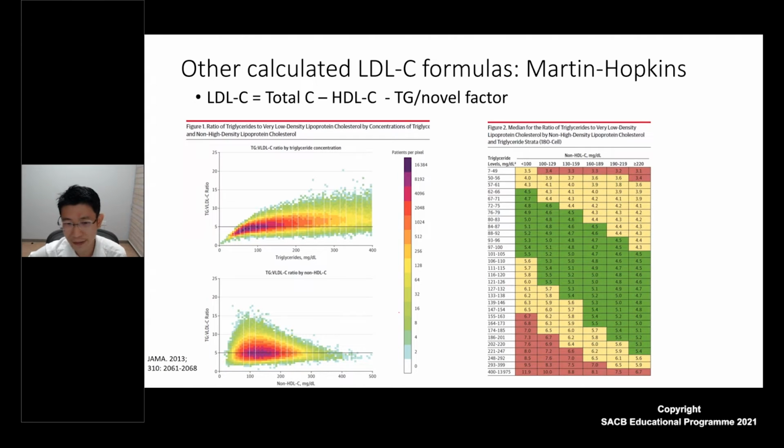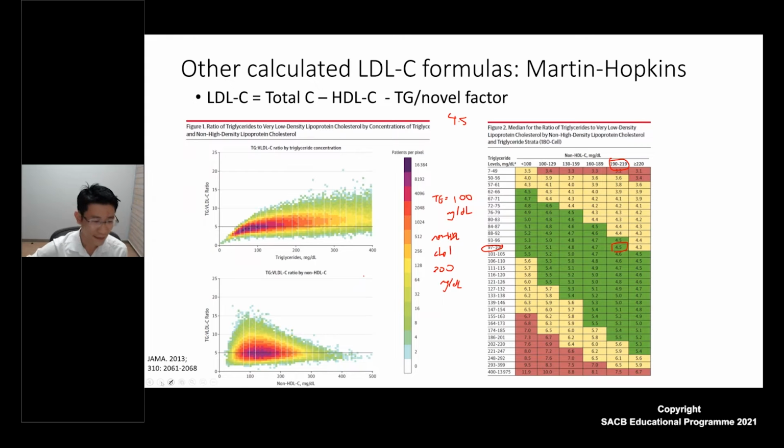Imagine we have a patient with a TG of 100 mg per deciliter, using the American unit, and a non-HDL cholesterol of 200. So we go and find our non-HDL cholesterol, and our TG of 100 will be somewhere here. We do an intercept, and we substitute this 4.5 into this novel factor, and we can continue to calculate.